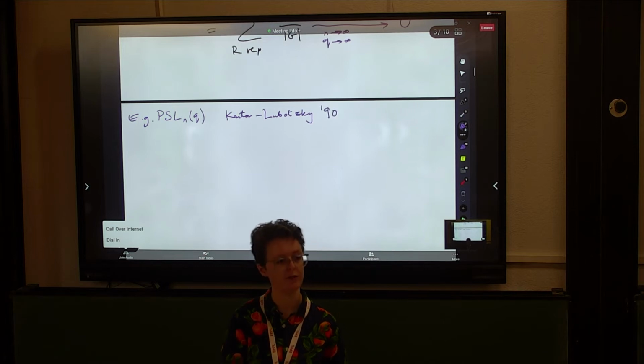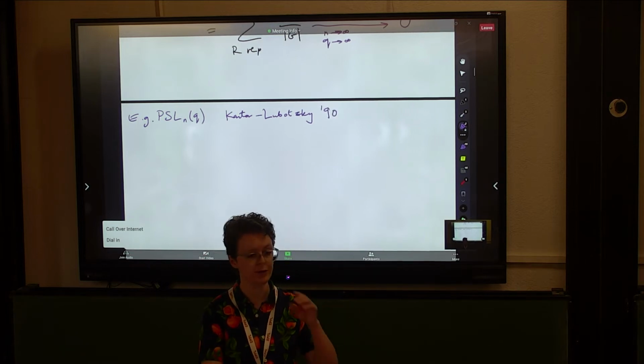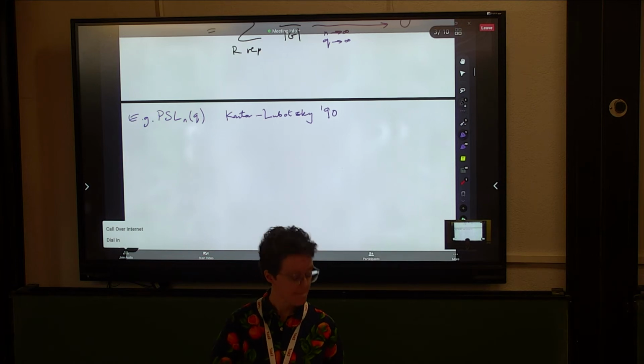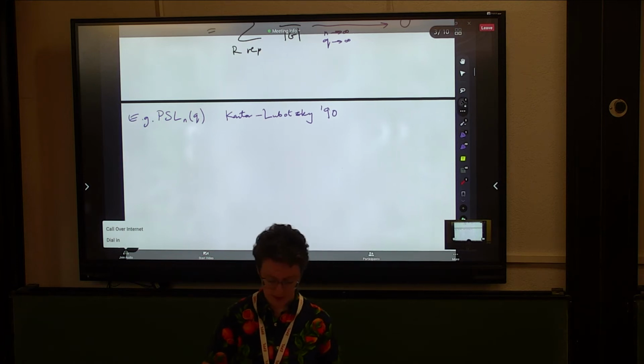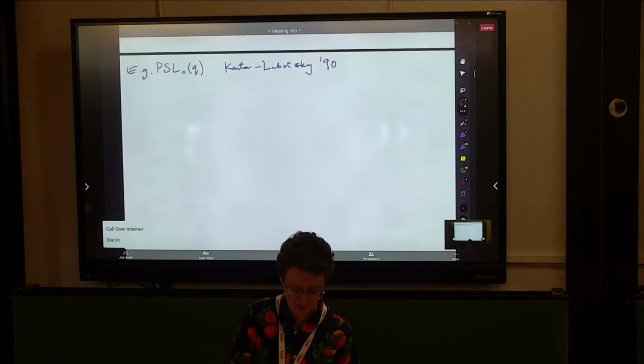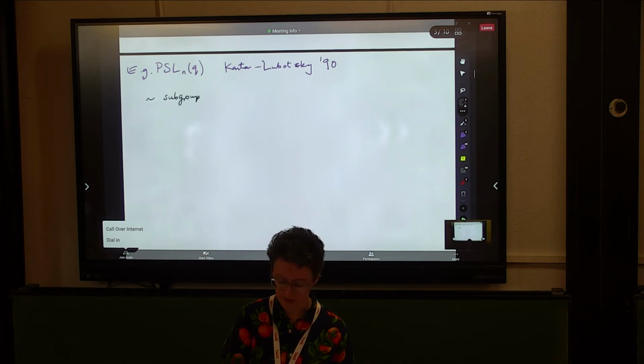So Liebeck and Shalev finished up most of the exceptional groups, but Kantor and Lubotzky did a lot of the other groups. Okay, so this is all going to be very rough. We're going to look at roughly what the subgroup structure is, and then we're going to look at roughly the number of conjugacy classes.